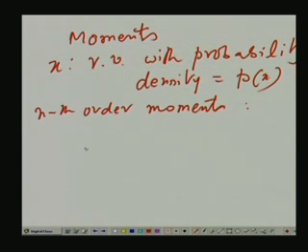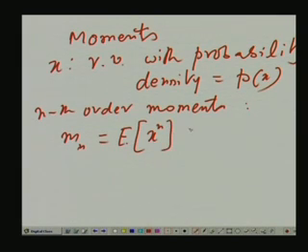So, the usual definition of moment, which is actually called just moment m n, the nth order moment, is nothing but expected value of x to the power n, which is nothing but this.